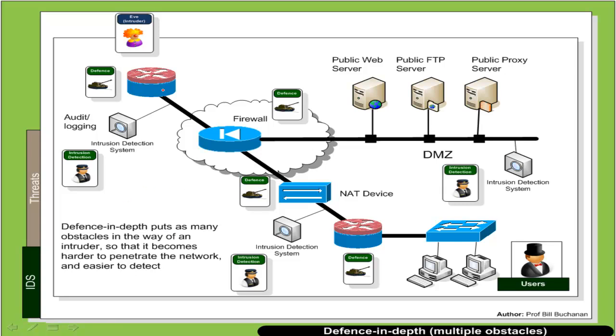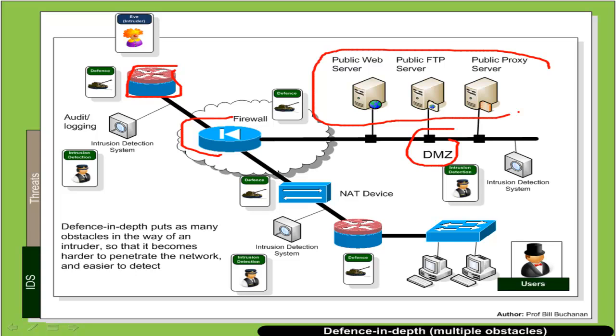So defense in depth typically involves us setting up firewalls, demilitarized zones, having servers with inside public-facing servers inside the DMZ. We can have network address translation devices to hide the internal infrastructure of the network.